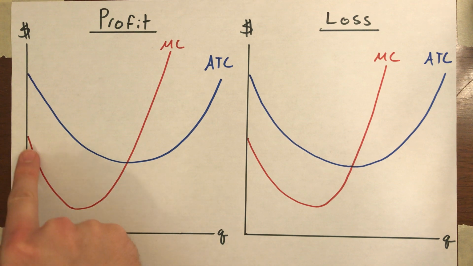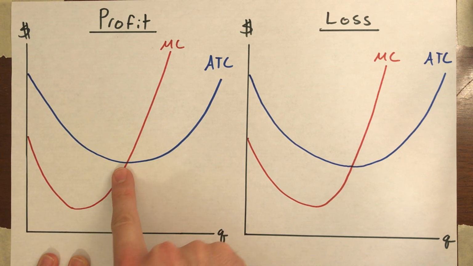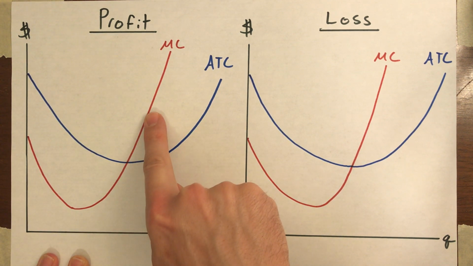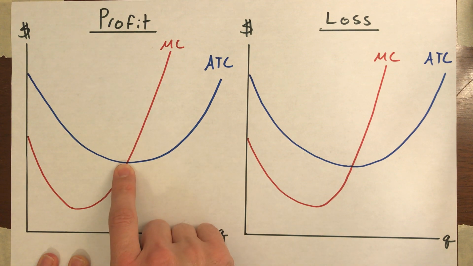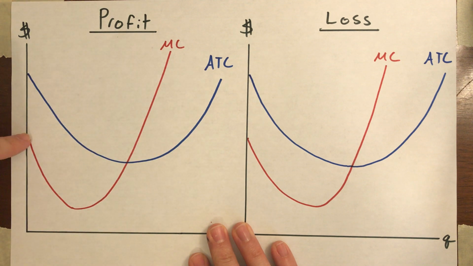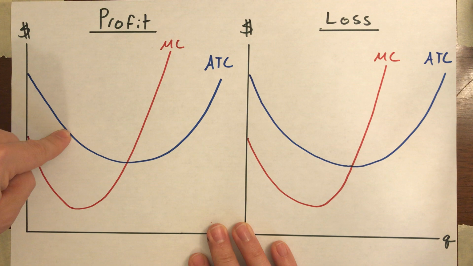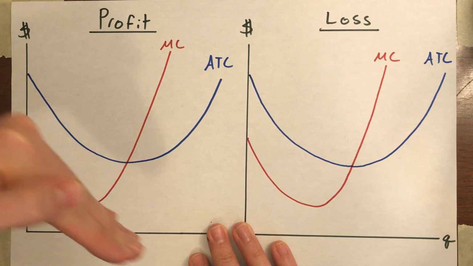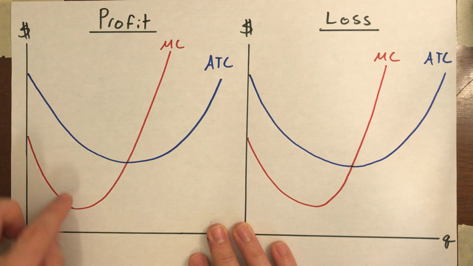And marginal cost oftentimes does shrink like this. Wherever it crosses the average total cost curve, that's going to be the minimum of the average total cost curve. And that's because as long as the marginal cost is below the average cost, it pulls the average down by more, okay?